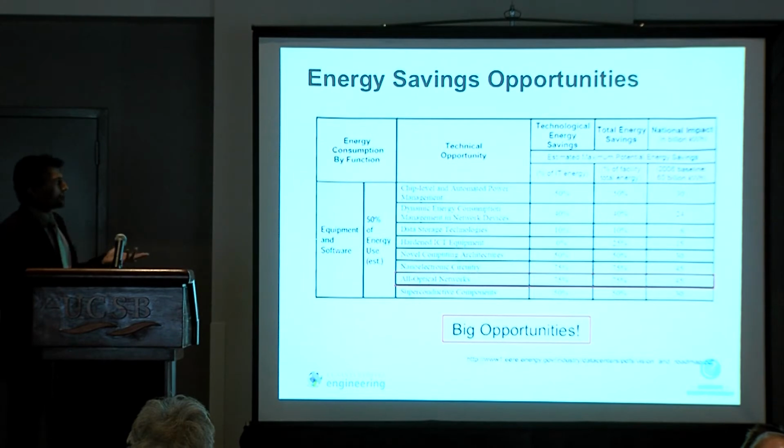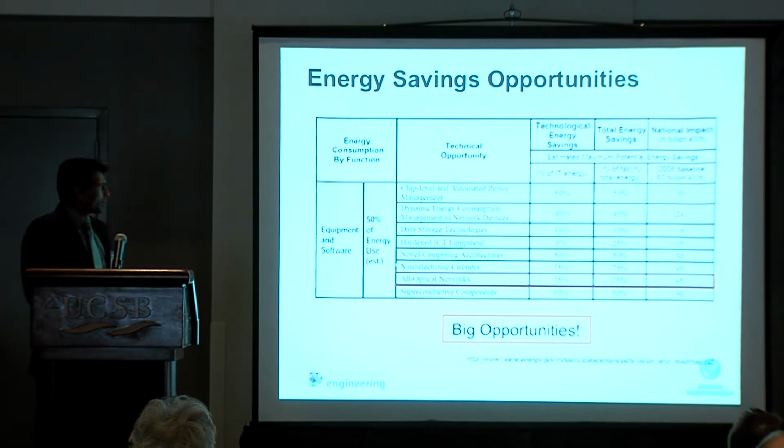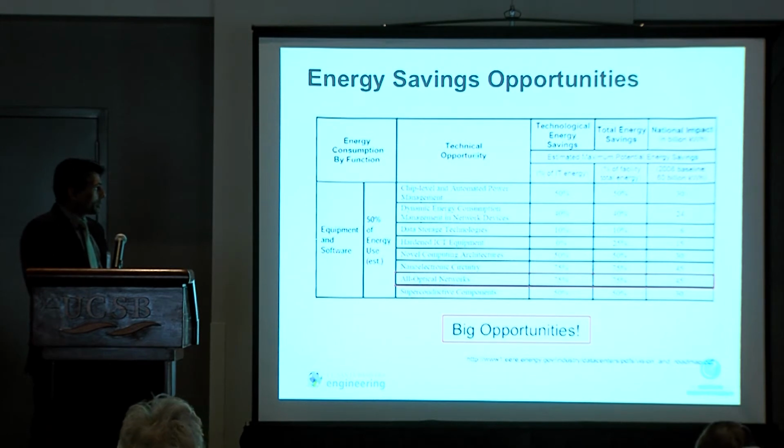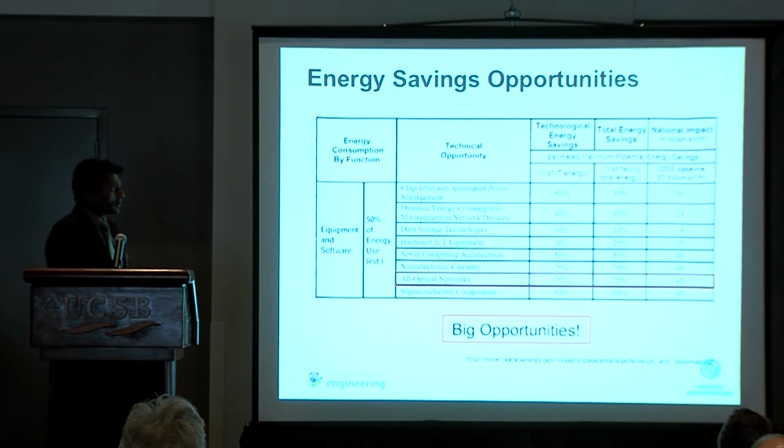So where are the opportunities? If you look at energy consumption and what kind of technology will give what kind of improvement over the baseline, which is about 60 billion kilowatt hours as pointed out in 2006, the chip level gives you 50%.